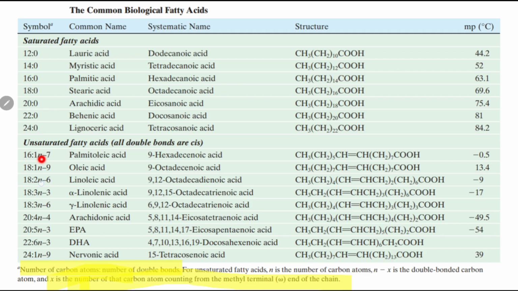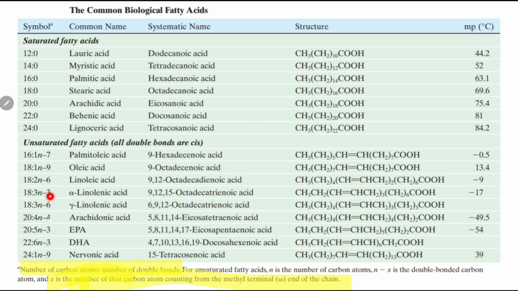And n-7 means that the double bond is at the seventh carbon from the terminal carbon atom. Terminal carbon atom is the methyl terminal. Methyl terminal is also known as the omega end of the chain. And the seventh carbon from the methyl terminal has the double bond.